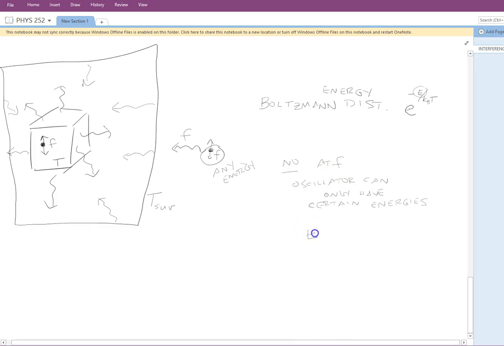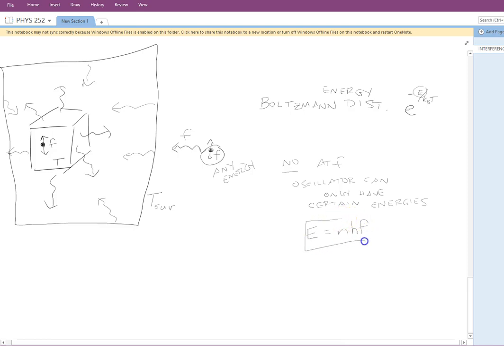And what he ended up saying was the energy of an oscillator can only be some integer, and we use n, so I know it's not the best choice, this isn't an index anymore in this part, times a constant that we write now as h times the frequency.